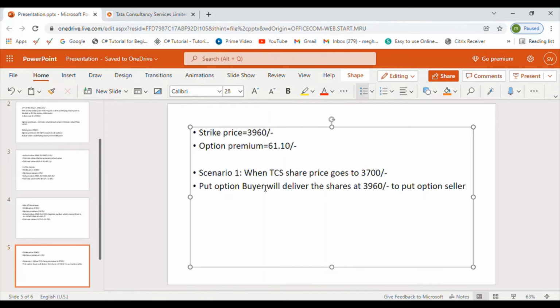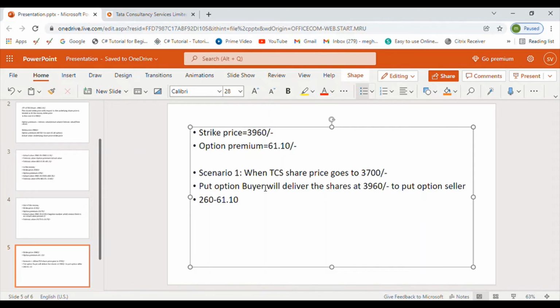That's how the put option buyer gets the benefit. So he's actually making 260 rupees as profit, but this is not the actual profit because he already paid 61 rupees 10 paise as the initial premium to the seller.